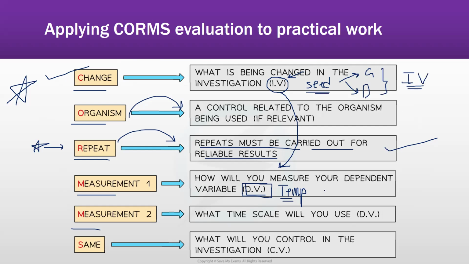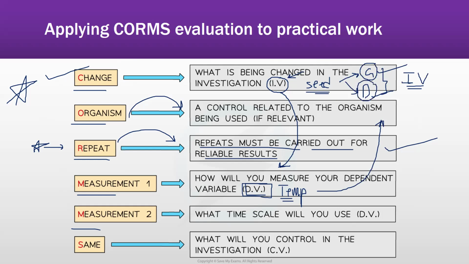Now temperature is dependent on the type of seed. I don't change the temperature. I am not changing the temperature. The dependent variable, temperature, is dependent on the type of seeds that I brought. In germinating seeds the temperature will change, and in dead seeds the temperature will not change. Temperature is a dependent variable, depending on the type of seed.